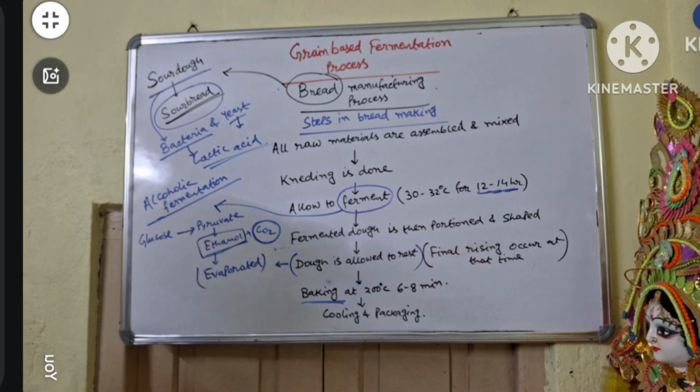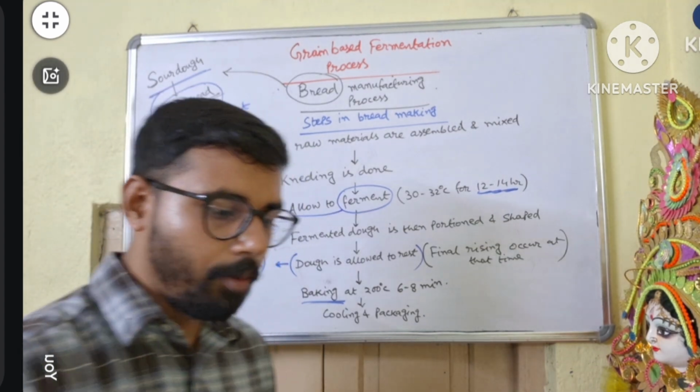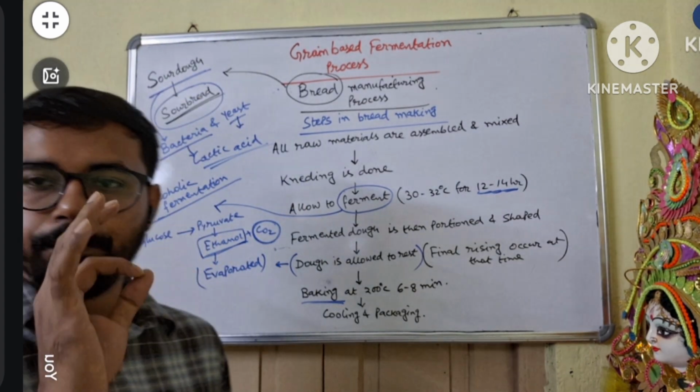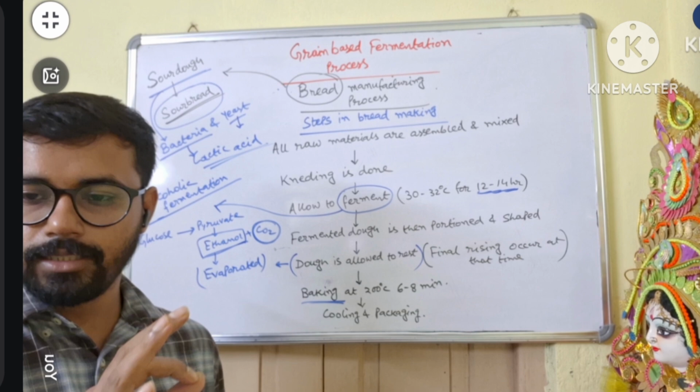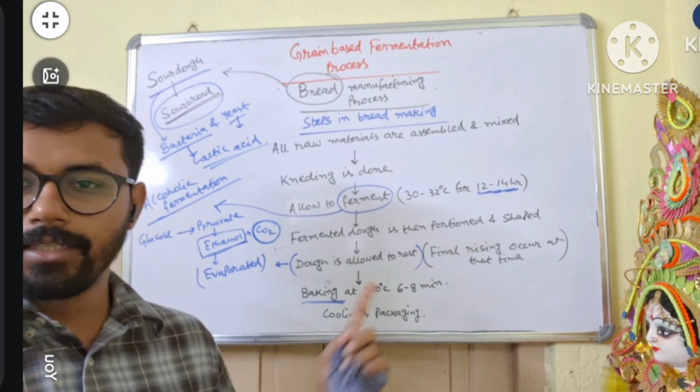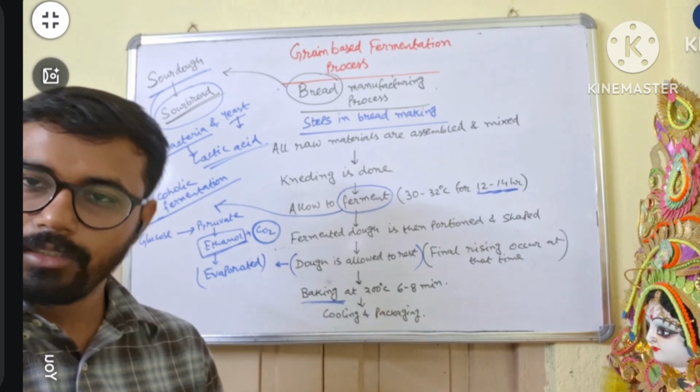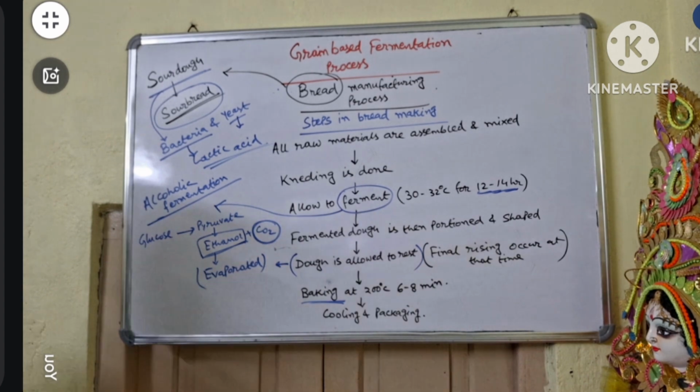Bread manufacturing steps clear? So, three popular grain-based fermented breakfast options. What are these? Idli, dosa, previously discussed. Bread, third option, manufacturing steps already given.